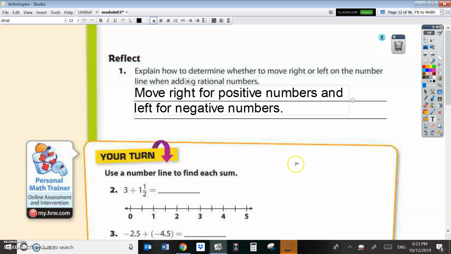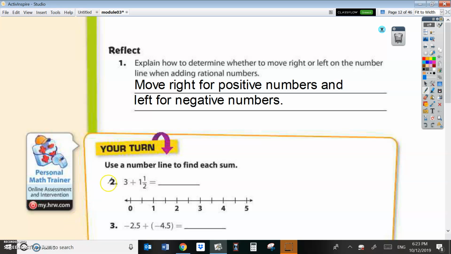Use a number line to find each sum. So you're starting positive and you're going positive. So start at 3 and then move one whole space and then half of a space. So you get to 4 and 1/2.